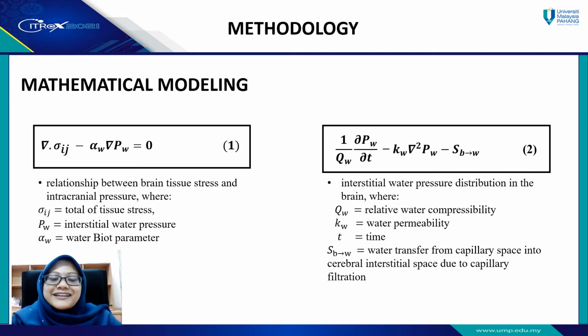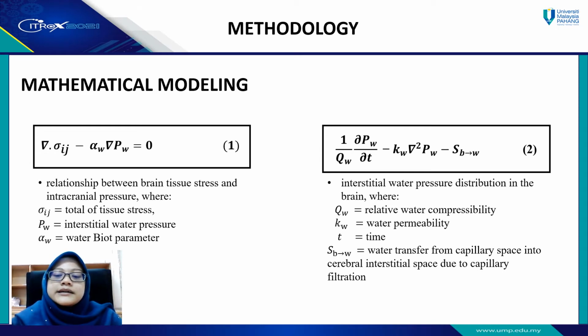Brain tissue swelling after ischemic stroke treatment has been modeled using capillary filtration and poroelastic theory. The brain tissue swelling is based on these two equations. The first one is the equation that relates brain tissue stress and intracranial pressure, where sigma ij is the total tissue stress, PW is the interstitial water pressure, and AW is the water bioperimeter.